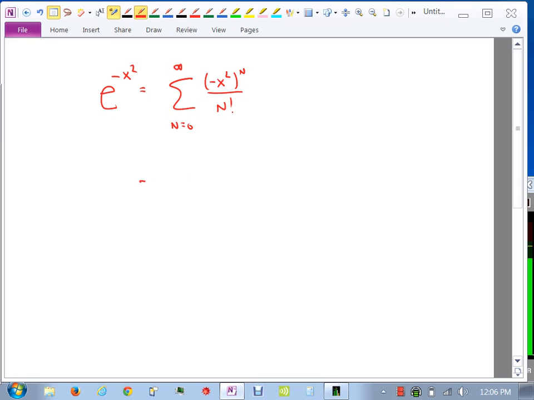Let's just write down what that is. Let's let n be 0. If n is 0, what do you get? 1. Okay, if n is 1, negative x squared, right? If n is now 2, x to the 4th over 2.